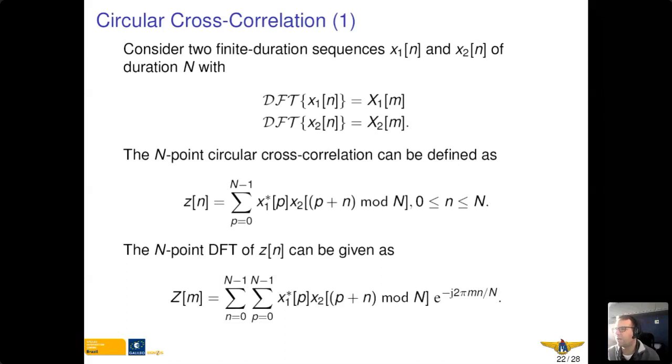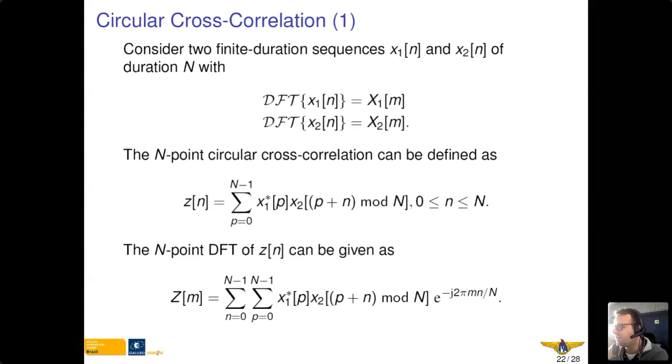We can also write this as the N-point DFT of z of n, which is given as z of m, and then the double sum over n and p of x1 conjugate p times x2 of p plus n modulo N, multiplied with e to the power of minus j2 pi mn divided by capital N. So this is the definition of circular cross correlation.